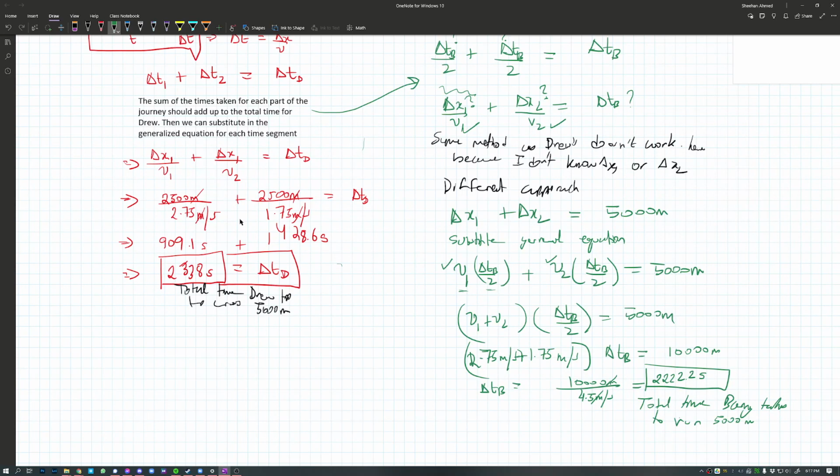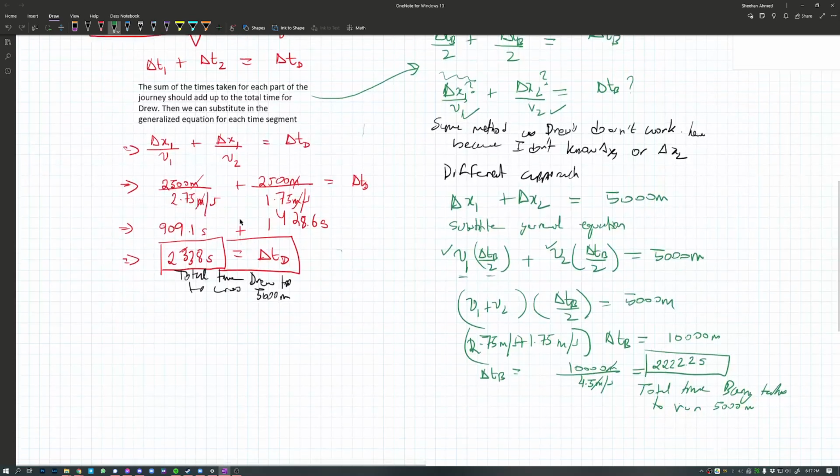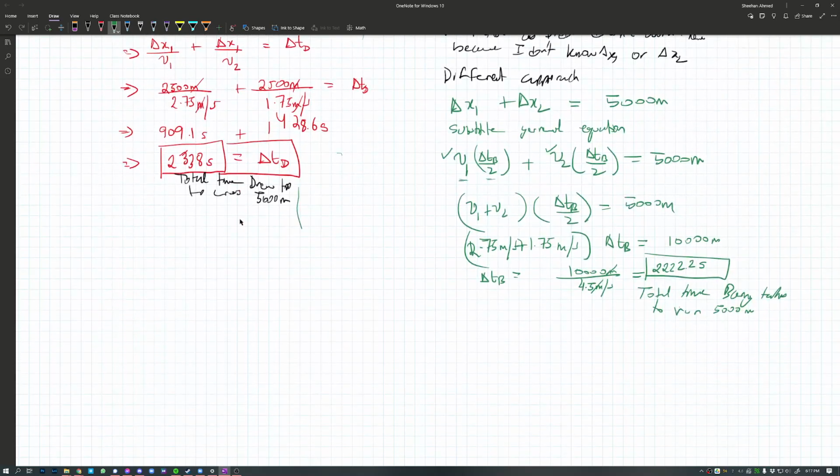Okay, well, I think we're where we want to be. We can compare these two. Let's get a different color going over here. Therefore, wait, who wins?